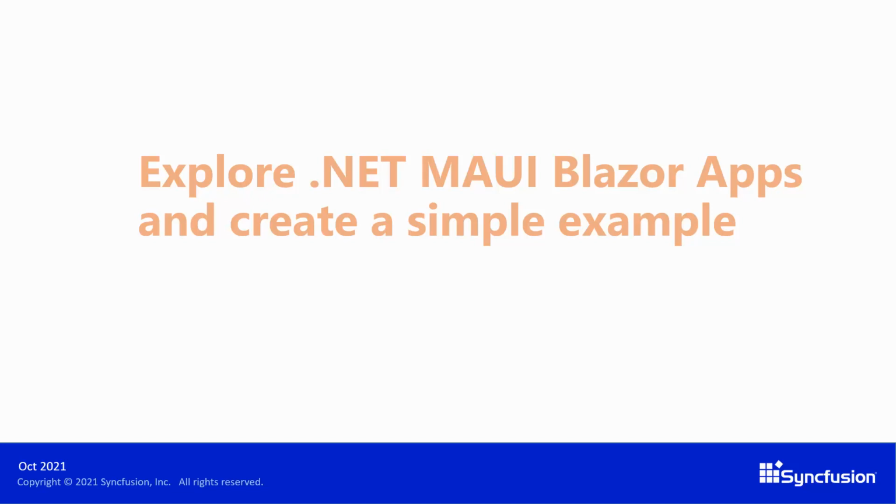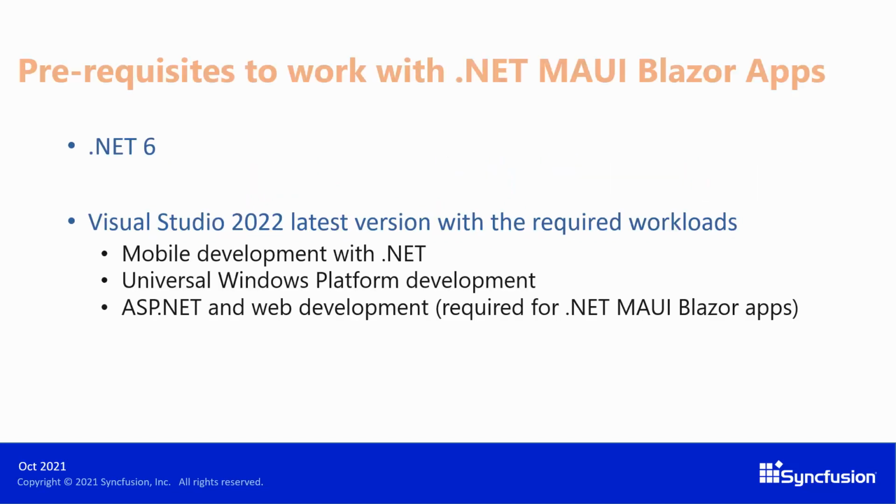To create a .NET MAUI Blazor app, you first need to set up .NET MAUI on your development machine. The easiest way is to use the MAUI check tool. But before moving on to that, let me tell you the prerequisites. You should have .NET 6 mandatorily, and you should have the latest version of Visual Studio 2022 with the required workloads.